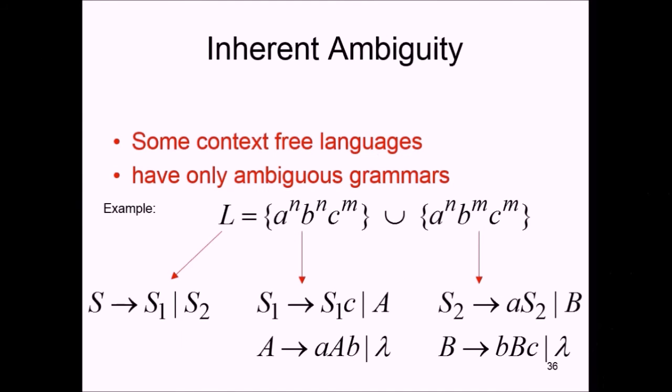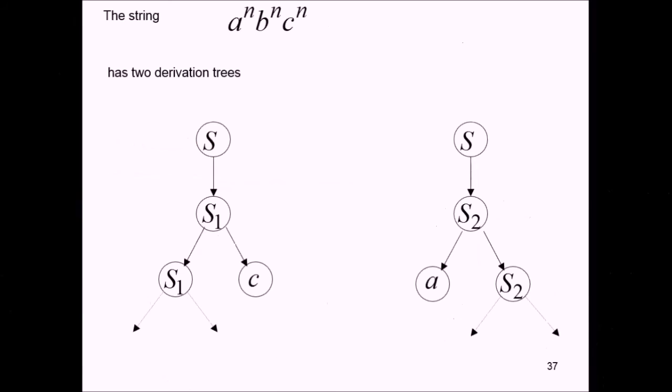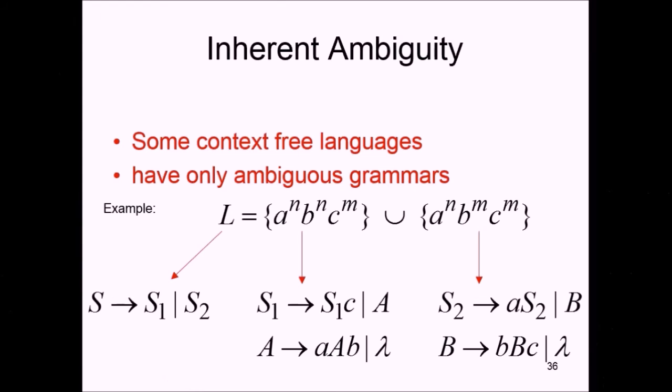Moving on, we have inherent ambiguity. Some CFGs have only ambiguous grammars. This means that in the example given here, L equal to a^n b^n c^m union a^n b^m c^m, it can be seen that although this language is context-free, it is inherently ambiguous. We can't remove the ambiguity from this type of language.